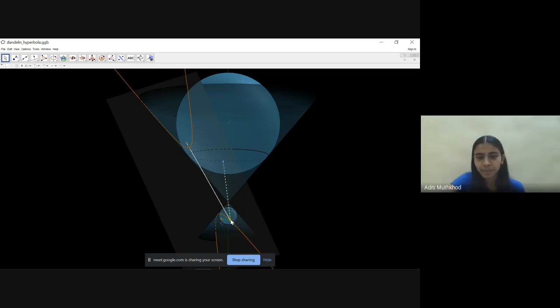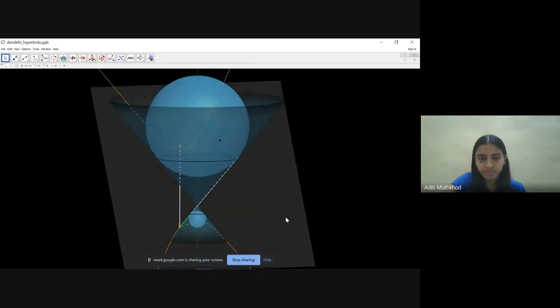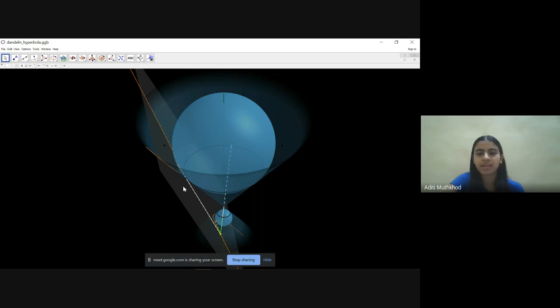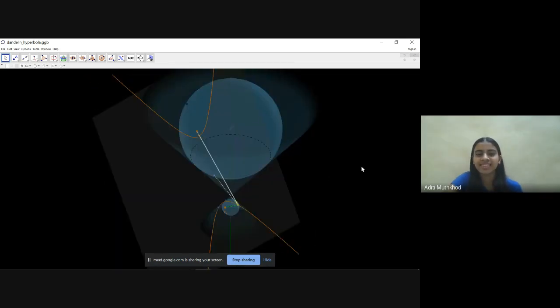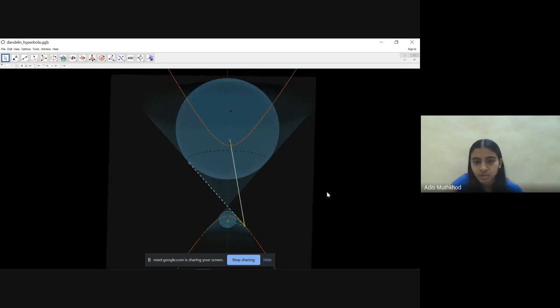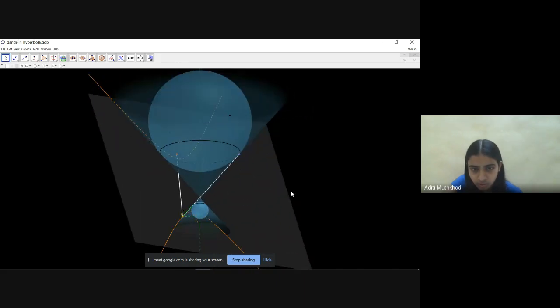And the variable point on the hyperbola is P. Assume this to be M and N. So suppose this is M and this is N. And if you want me to tilt the figure in a different way, just ask me to, so that things are more visible.